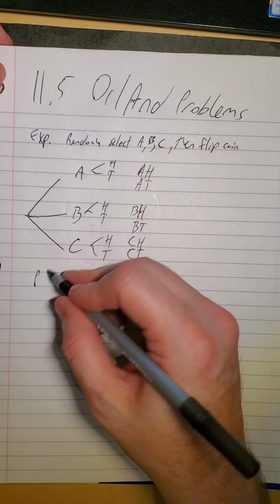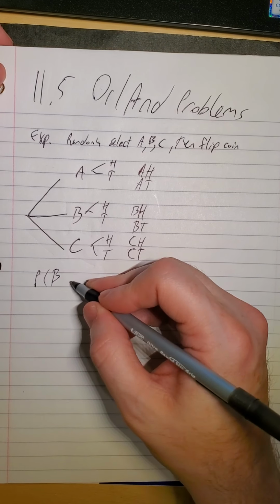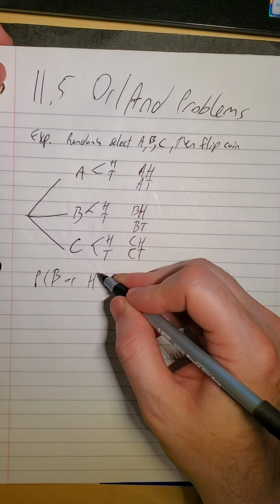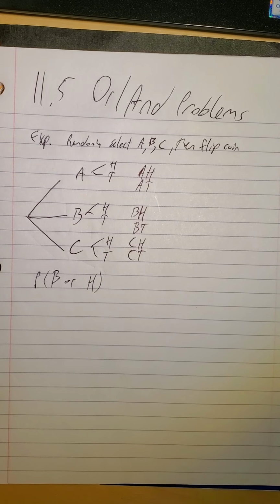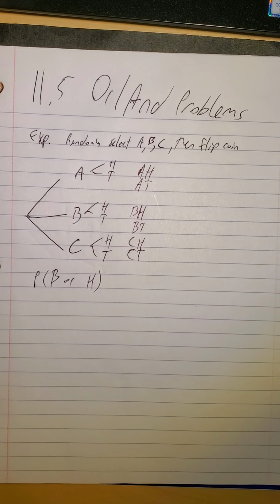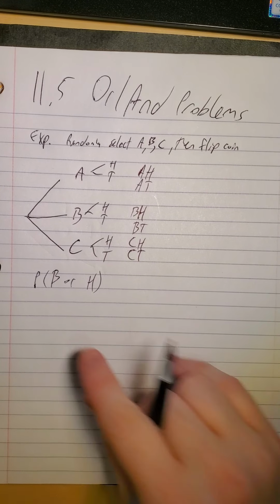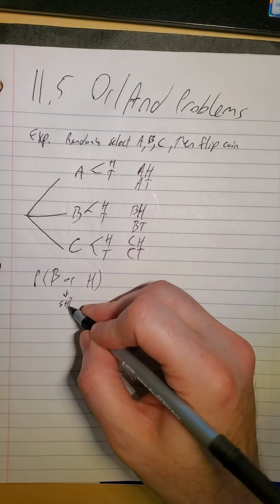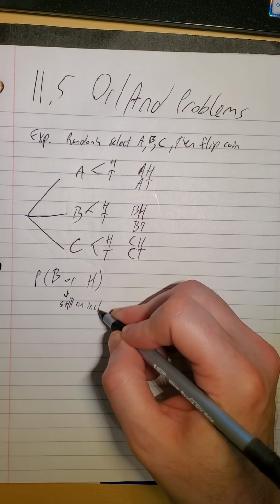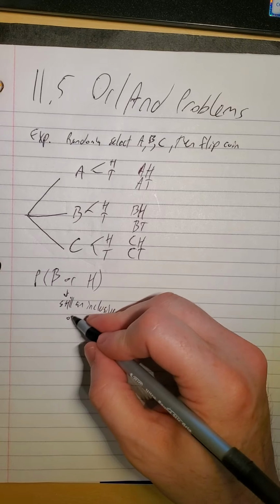So let's look at the probability that we selected B or heads. And remember, we're using OR the same way we did early on in the semester, inclusive OR. So this is still an inclusive OR.